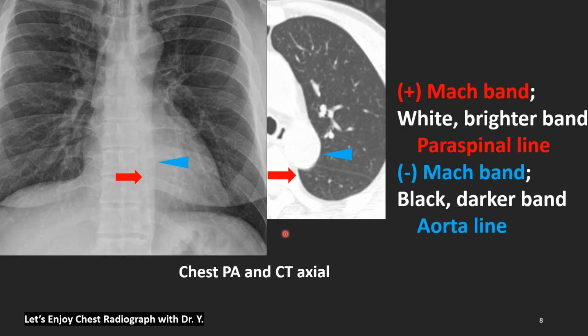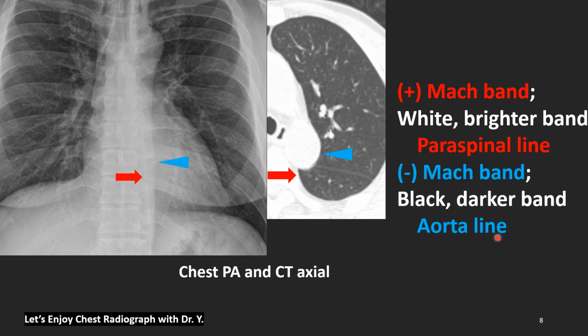This is the rear image of the previous slide's illustration. In red, positive Mach band is the white, brighter band, such as the paraspinal line, and in blue, negative Mach band is the black, darker band.